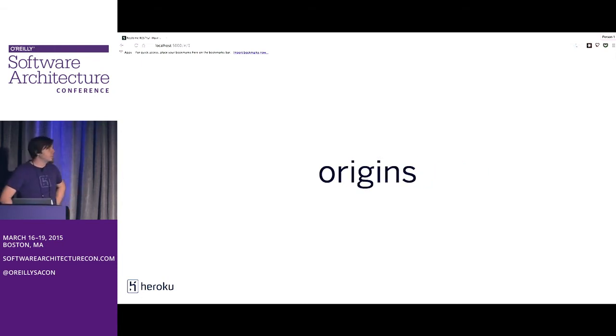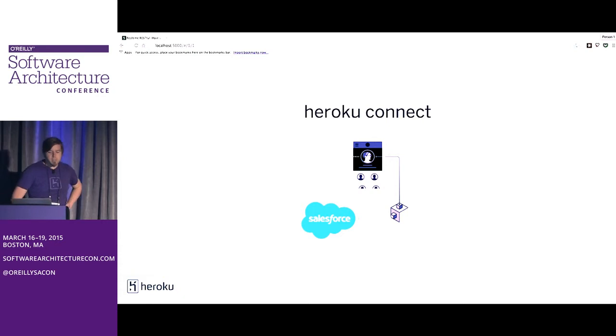But before we dig in, I'd like to talk about the background to provide some context around the problem that we were trying to solve on my team at Heroku that actually led to this talk. So I worked on a product called Heroku Connect, which is an add-on in our add-ons marketplace, whose job is essentially to do a two-way data sync between Salesforce organizations and Heroku Postgres.